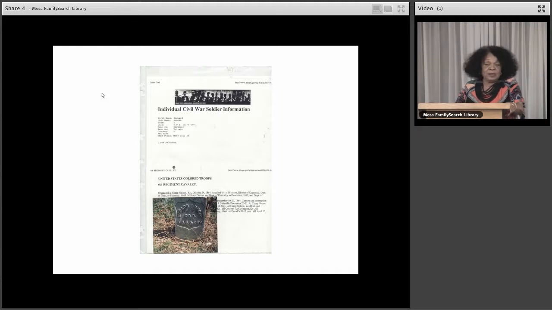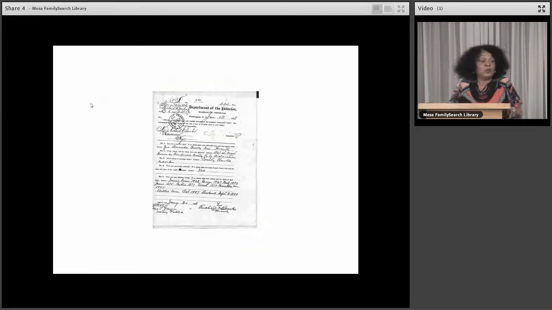My nieces and nephews, when they were little, had heard the story that one of the great-grandfathers had fought in the Battle of Milliken's Bend, which is a very well-known battle. It was the first time freed slaves ever fought against their former owners, and it was a horrendous battle. About 2,000 Texas regulars came in on a camp of about 700 former slaves who had only been in the military a matter of weeks.